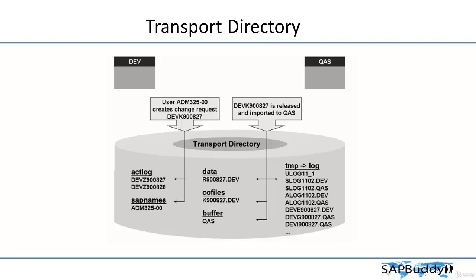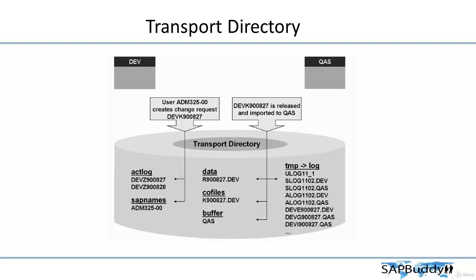The data directory contains the data files, which are files that start with R, where your actual TR number is K. So if you have a file that is R, then the running number, then a dot, then the SID, that will be the data file. The cofile will start with K, same as the TR number, K, then the running number, dot, then the SID. That will be the format of the cofile.